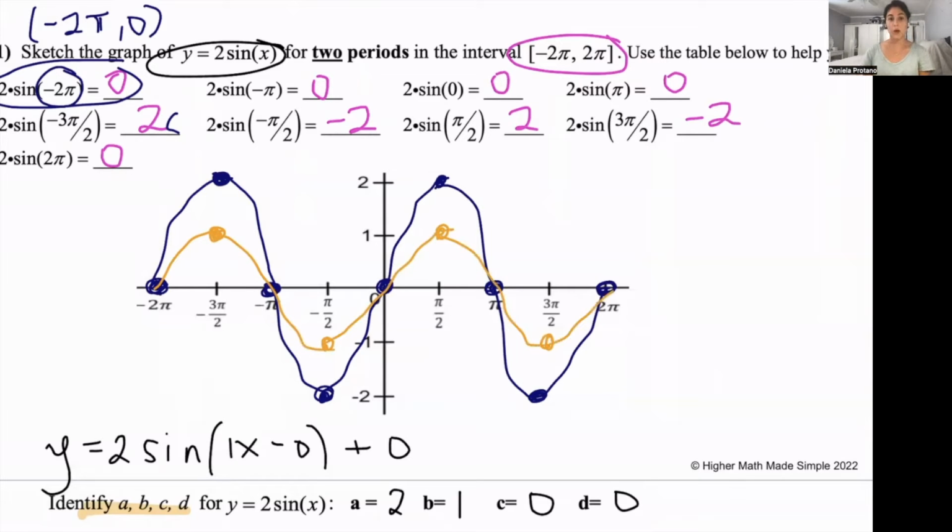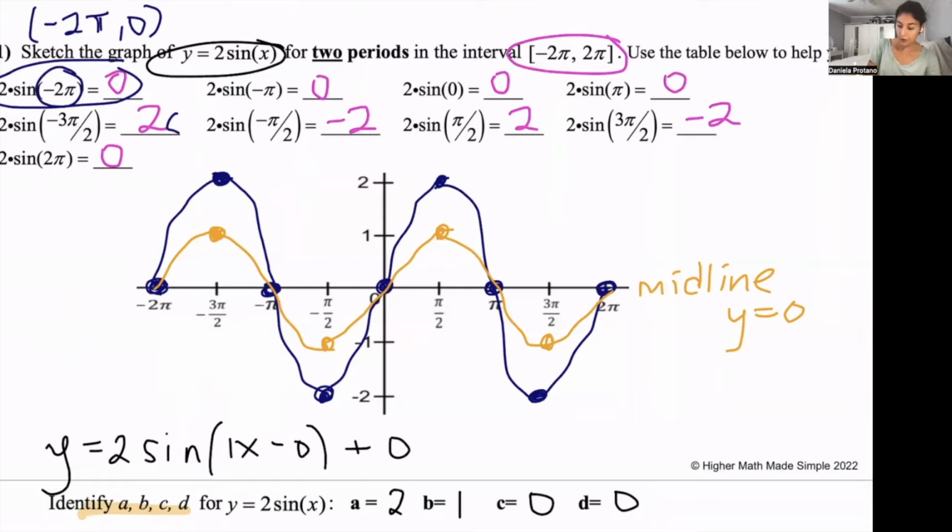What has changed? Well, we can see that, first of all, the amplitude of the parent function. The midline of both of these functions is the x-axis, or y equals 0. So we can see that the distance from the midline to the maximum is the same as the distance from the midline to the minimum.